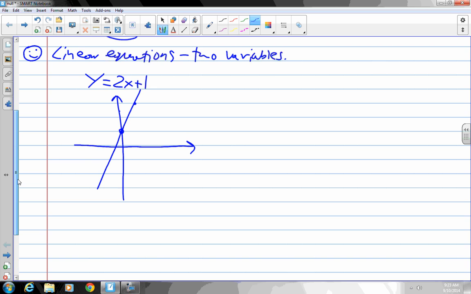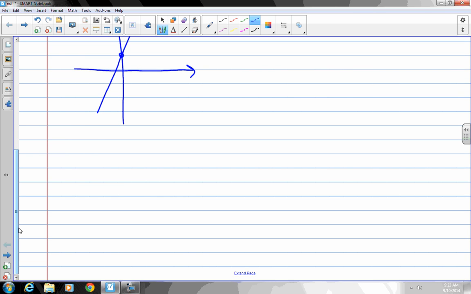But what we're starting now are systems of linear equations. And we're just going to focus on the case where there are two variables and two equations.